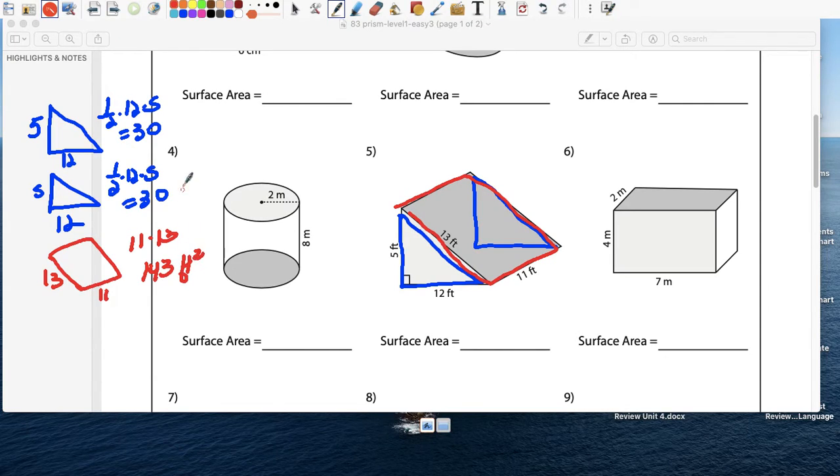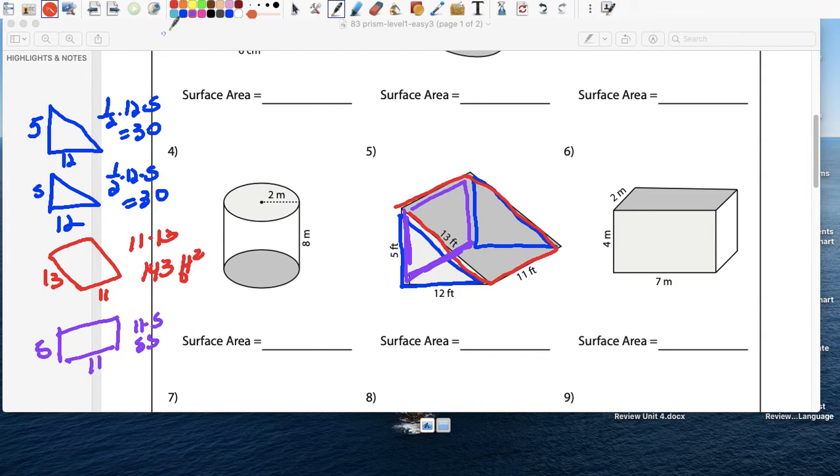And then we're not done. There's more. There's this side in the back here. Don't forget this back part. That back part, this is 11, and up is 5. So 11 times 5 is 55.